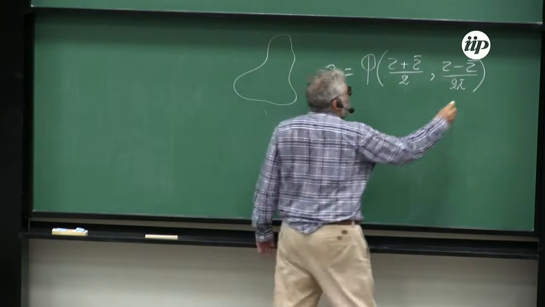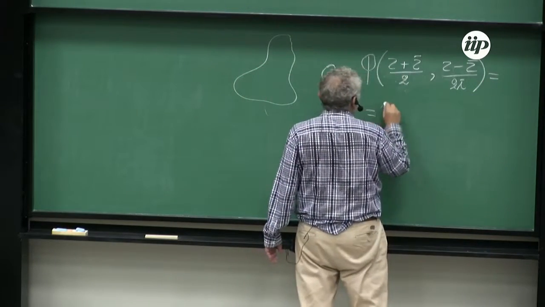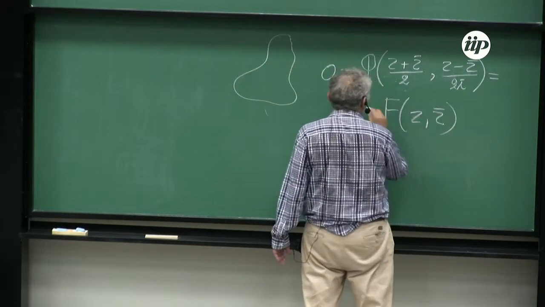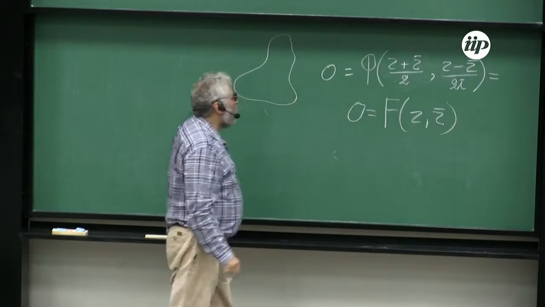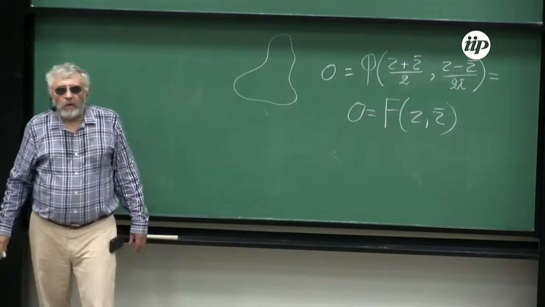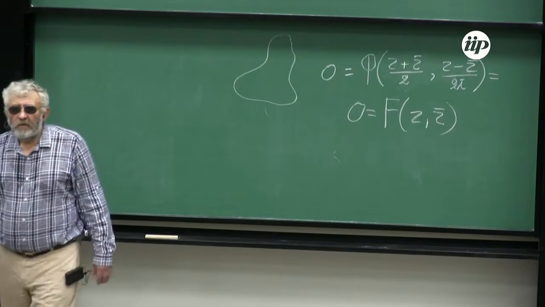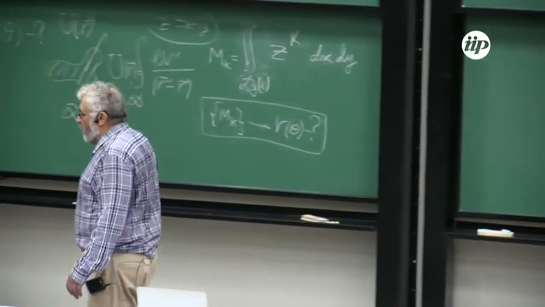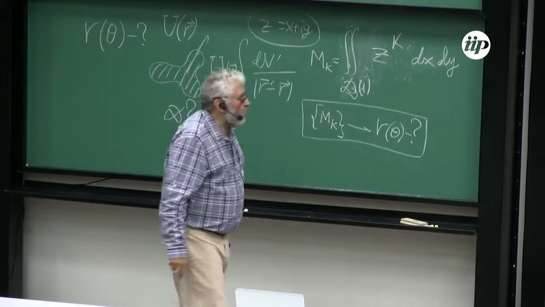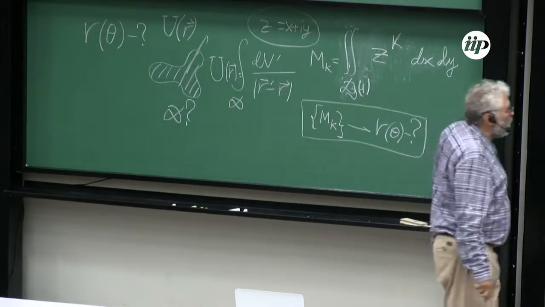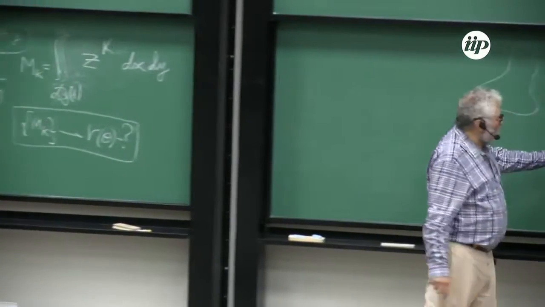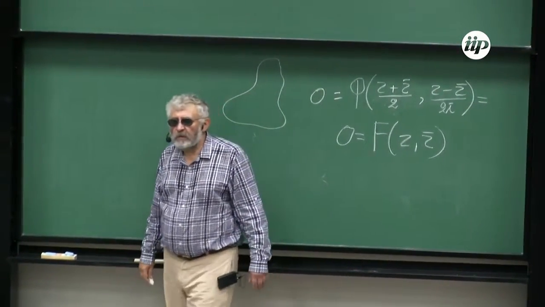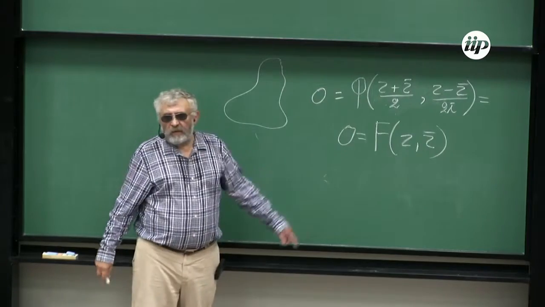I can name this function by something else. I can remember now the implicit function theorem from the first freshman year, which tells me that at least locally I can solve this equation with respect to one of 2 letters, for example the second letter.